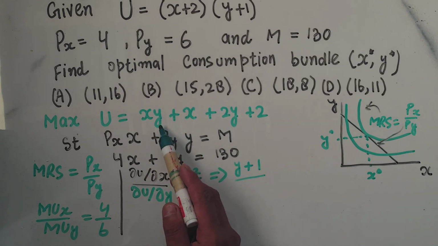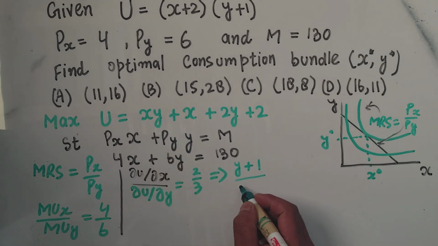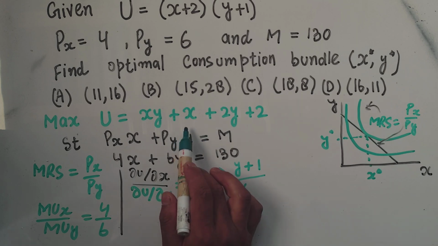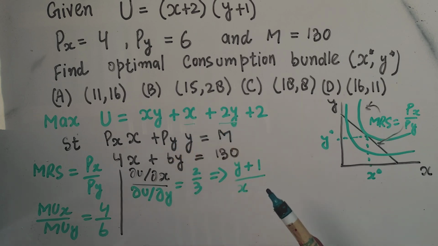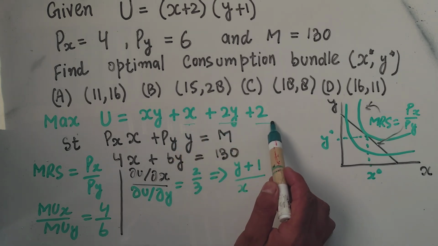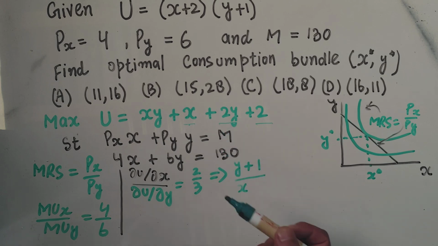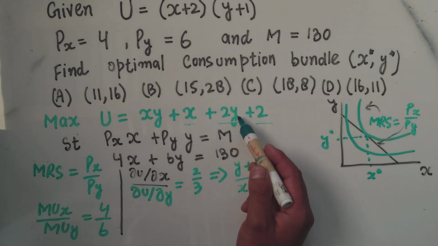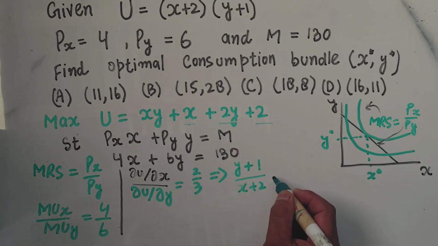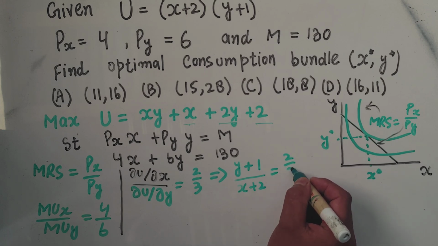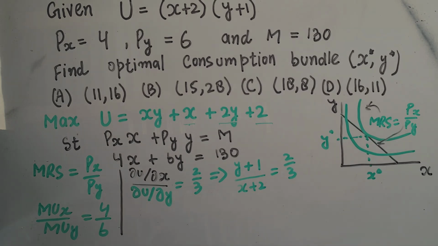So derivative of y is 1, we are left with x. Derivative of the second term and the last term is 0 because we are taking partials with respect to y, and derivative of y in the third term is 1, so we are left with 2, and we equate it with the price ratio.